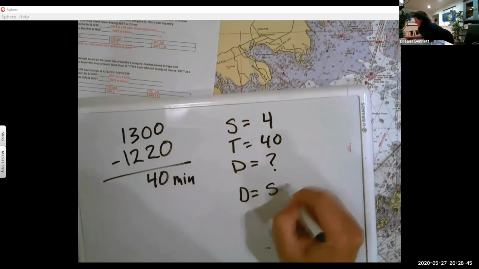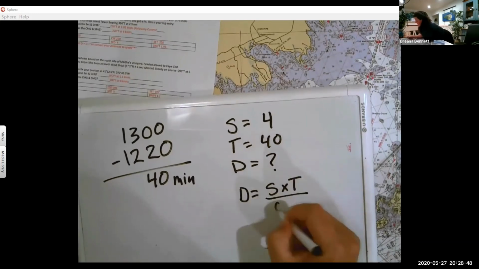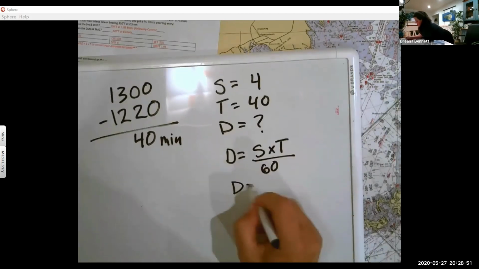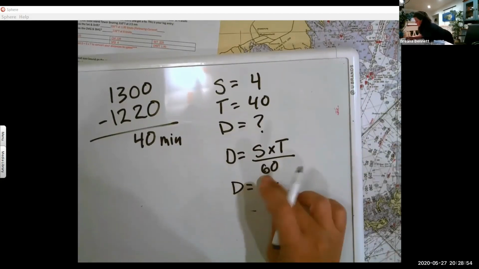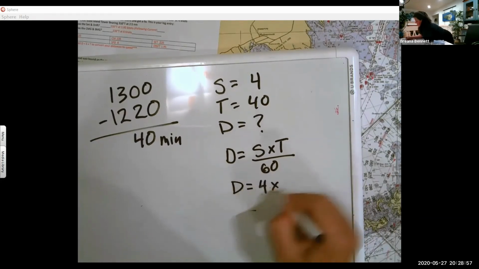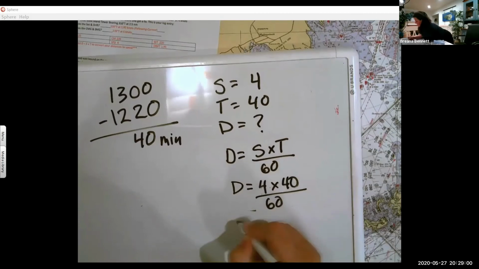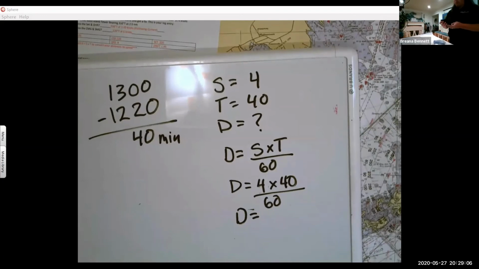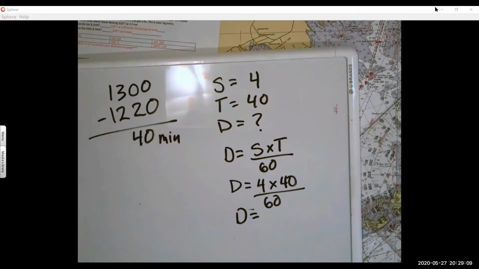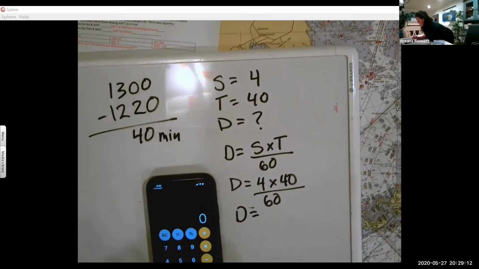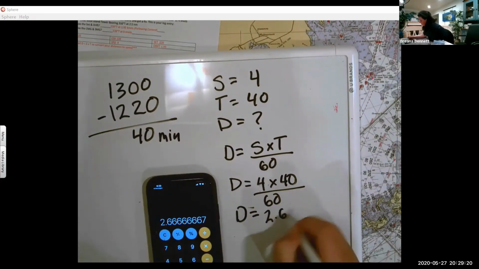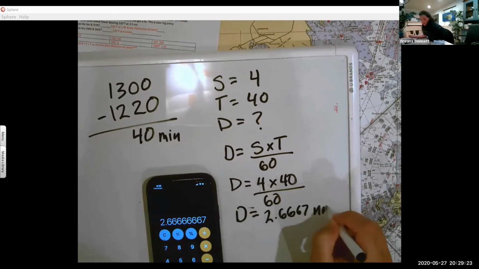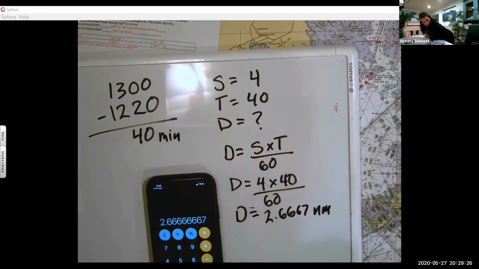Distance equals speed times time divided by 60. Plug in our numbers here. 4 times 40 divided by 60. What does distance equal? .666 nautical miles. Okay, so now we can plot that.